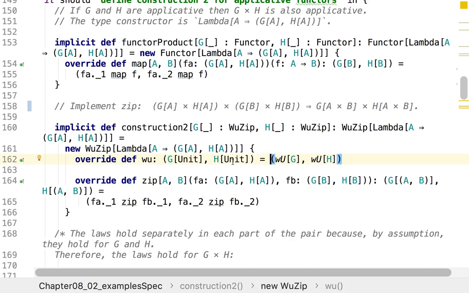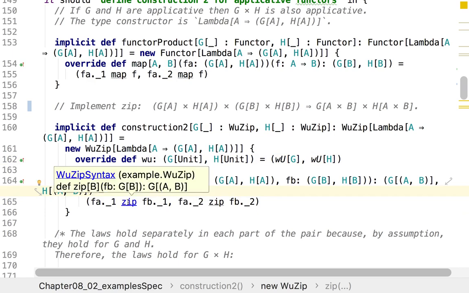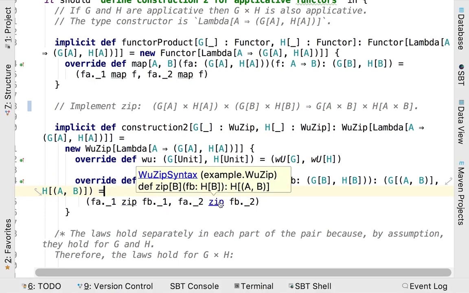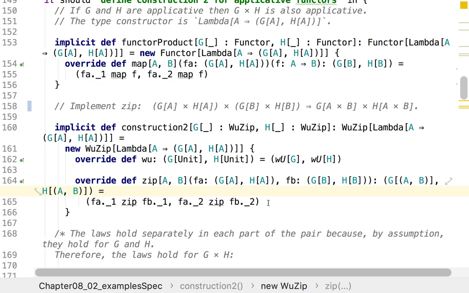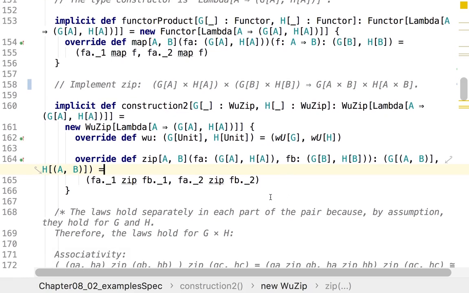The wrapped unit is just a tuple of the two wrapped units for G and H, and zip is a tuple of two zips for G and H. So this is a zip for G, and this is a zip for H. The laws will hold separately in each part of the pair because the computations proceed in each part of the pair independently.